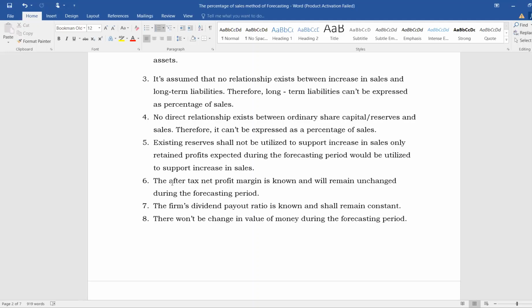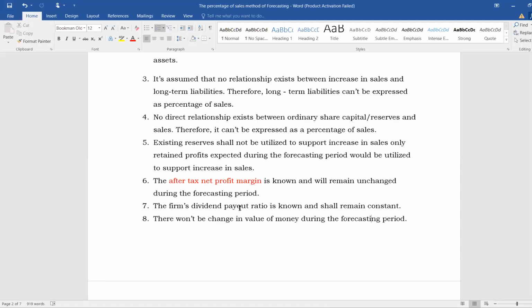Number 6. So here we already capture retained earnings as at the end of each forecasting period. Number 6, the after-tax net profit margin is known and will remain constant during the forecasting period. Notice, I'm talking about after-tax net profit margin. I think when I was going through ratio analysis, I told you that this is one ratio. You'll find a number of formulas depending on where you're reading, but notice I'm talking about after-tax: net profit after tax divided by sales times 100.